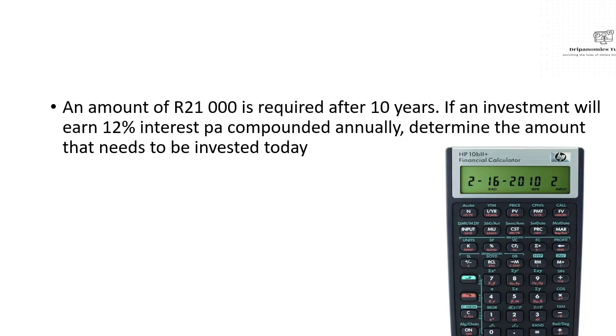This also gives us the compounding we need on our financial calculator, which is 1, so you would say 1, downward shift, PMT. They also give us the interest, 12%.